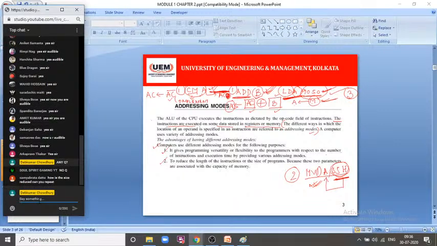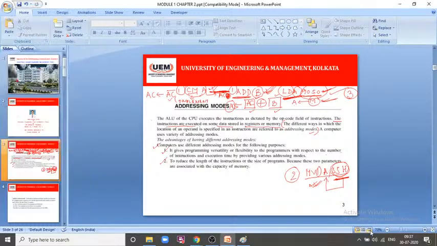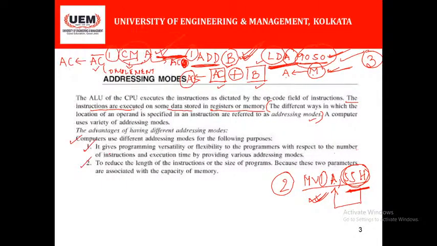How is the size reduced? Can you please repeat? Very simple. Addressing modes help us reduce the size and length of the instructions, and that reduces the program. For example, let me explain it.